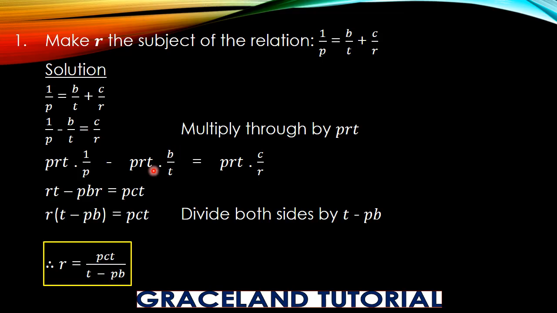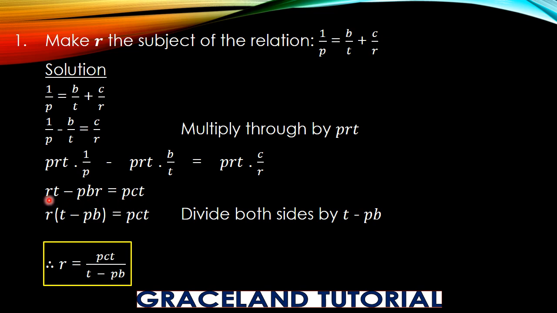PR times B will give PBR, equal to. R cancels R. We are left with PT. Multiply PT by the numerator of that fraction. So PT multiplied by C will give PCT. Now the equation is RT minus PBR is equal to PCT.